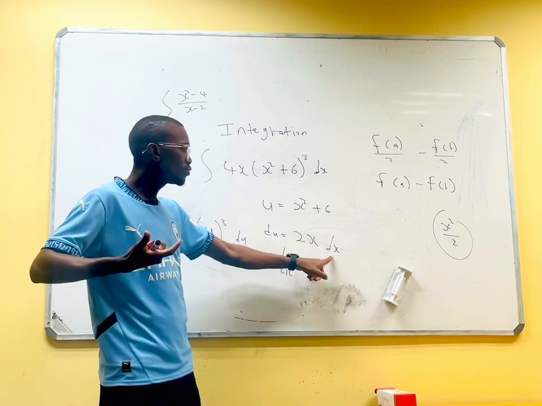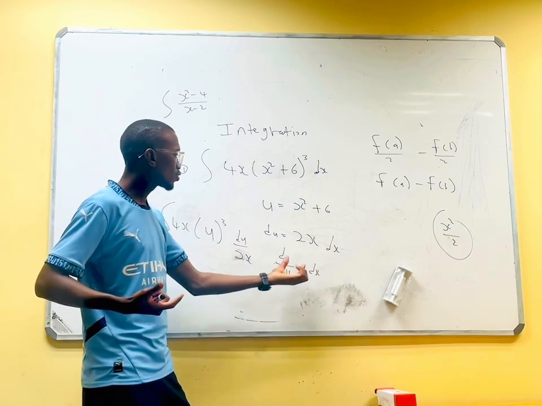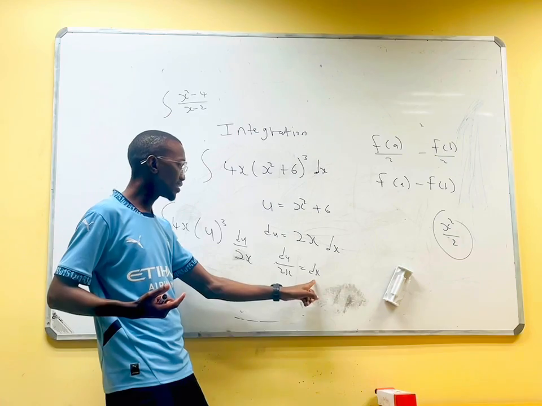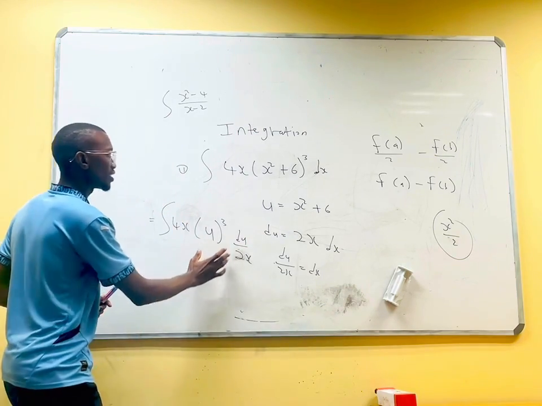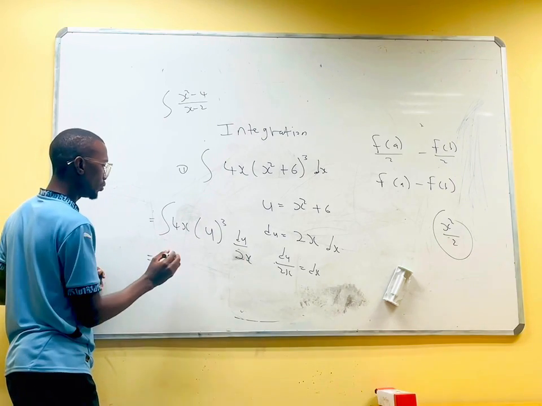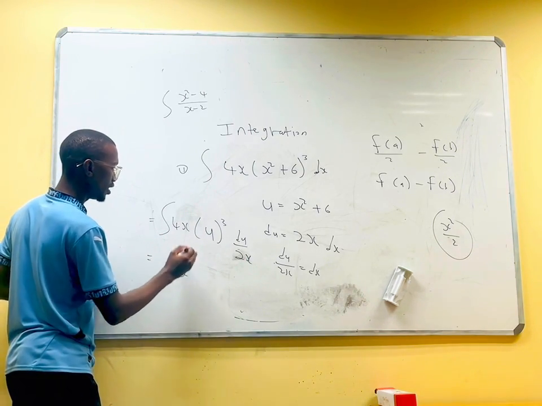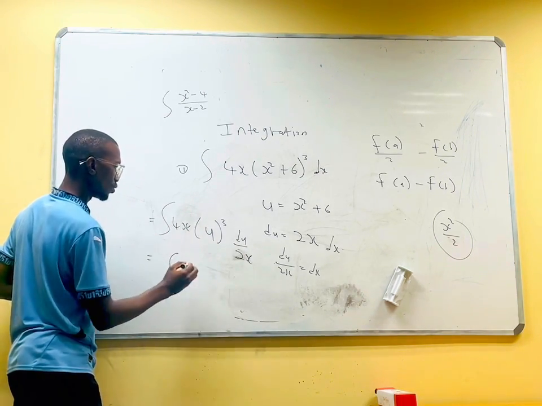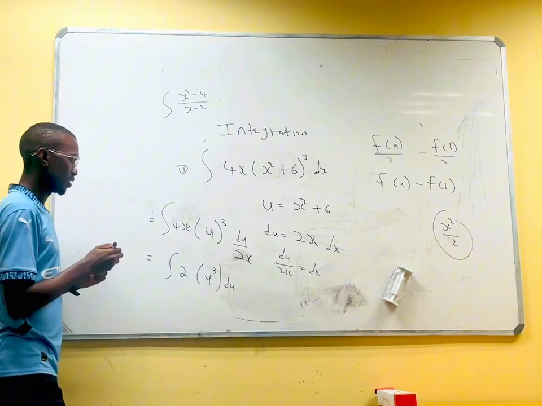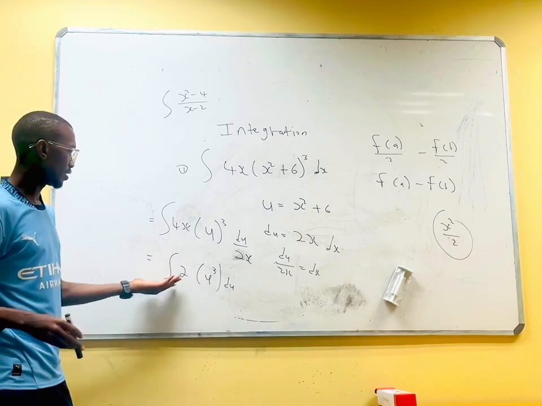When you have to make him to be the subject of the formula, that's when we have to divide both sides by 2x. Then we're going to be left with what? Dx alone. Then we're now going to substitute here. So you can see now that 2 and 2 will be leaving us with 2x. This guy and this guy will go. And then we're left with this guy and du. Okay? Now we are sorted, Bafethu. You see, now we are sorted.